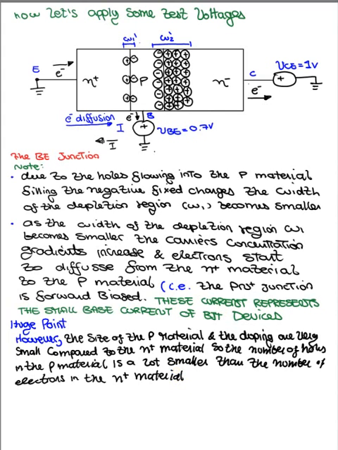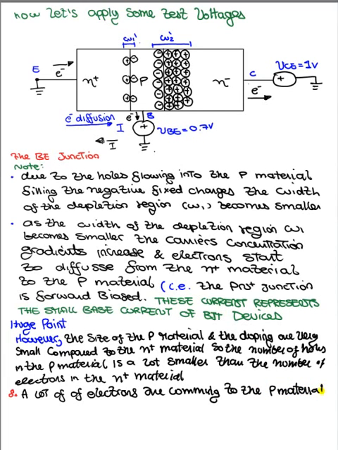Therefore, and here is the huge point, a lot of electrons are coming to the P material but they have no hole to fill.